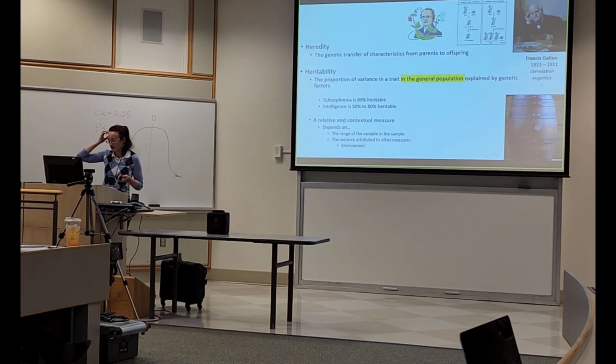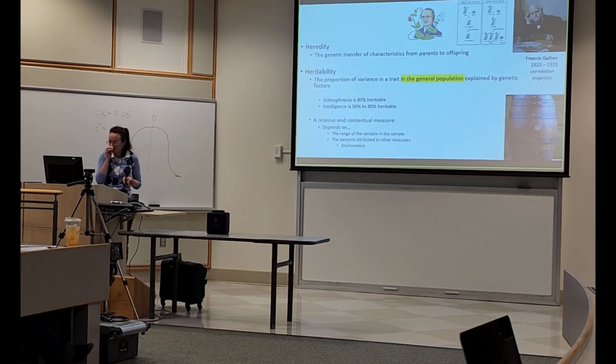That would say that 50% of the variance in whether you have schizophrenia or not, at the population level for everyone, is attributable to genetic factors. It doesn't mean that 50% of your IQ score reflects your parents' intelligence, and the other 50% came from your home and school environment, or nutrition. That's not an individual level measure.